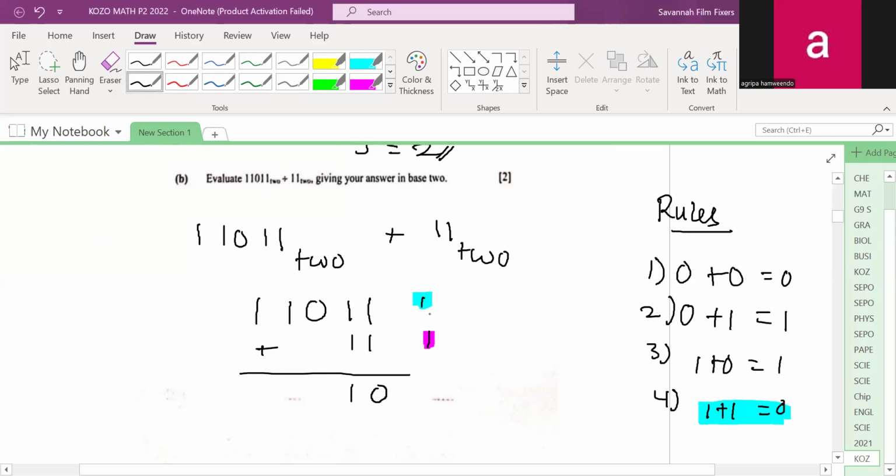But don't forget the other one that's here. So we move on to here. 0 plus 0, it's 0, right? But we carried that remainder 1, so it will be 1. Then 1 plus 0 is 1. 1 plus 0 is 1. So this is going to be 1, 1, 1, 1, 0, base 2, like that. Is this okay? Yes, it's very okay.